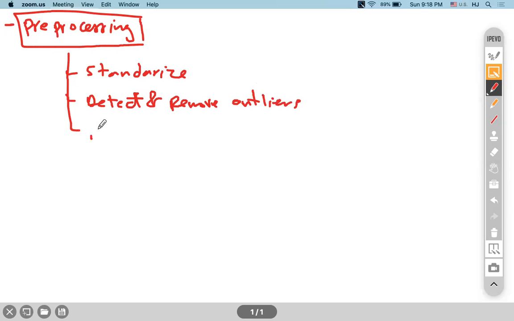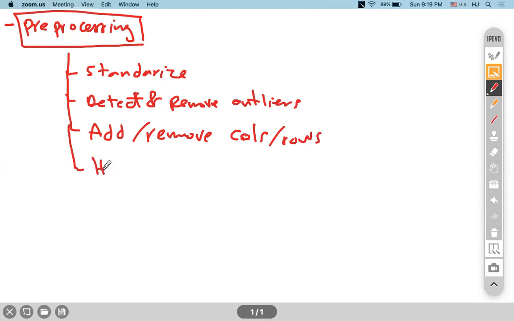We try to add or remove, let's say, some columns, maybe, or rows. We can also handle missing values. So that's what we do in this step specifically.